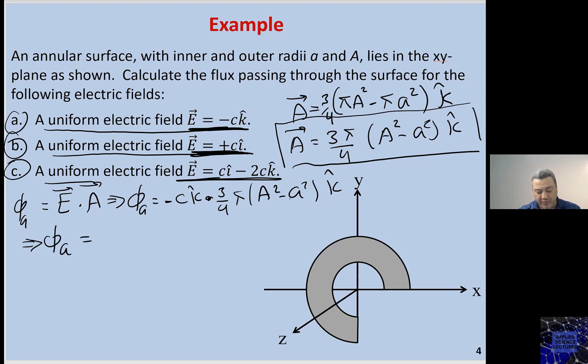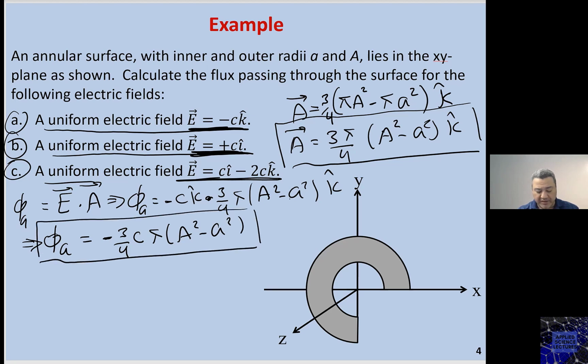Phi A would be k hat dot k hat is 1, so it will be minus 3 over 4 c pi (A squared minus a squared). Remember, the flux is a scalar and it has a unit of Newton meter squared per coulomb. So this is for A.